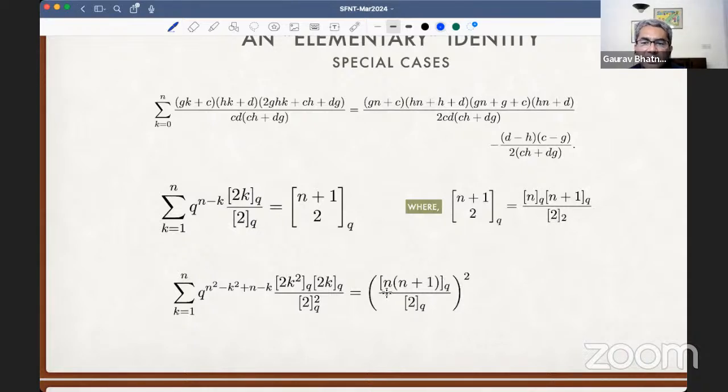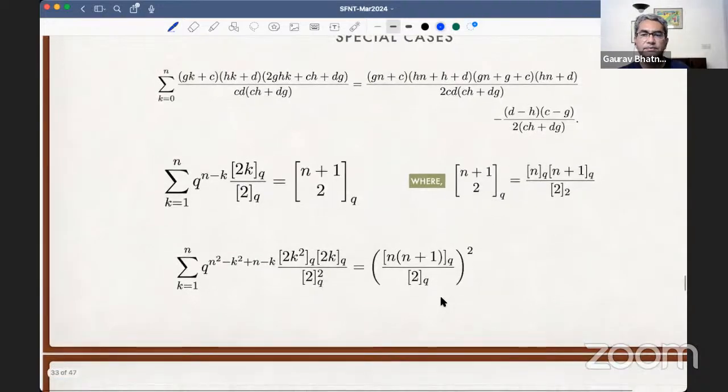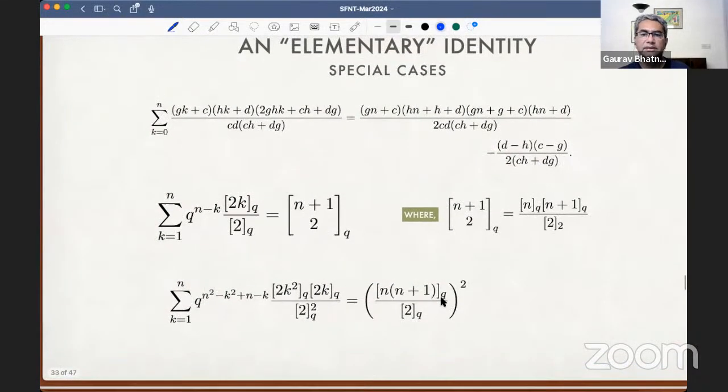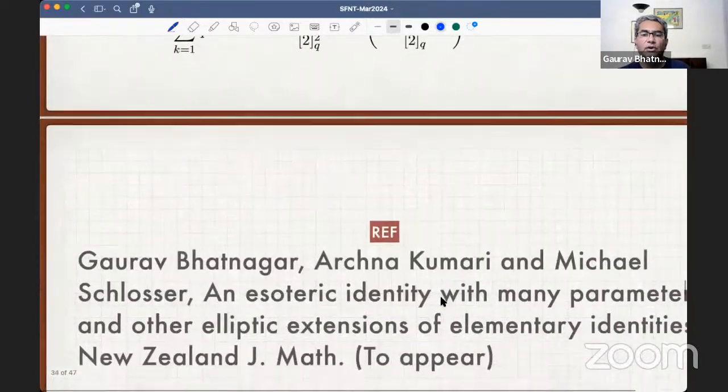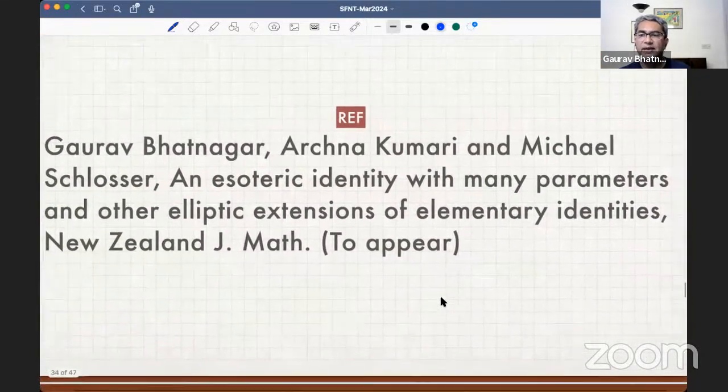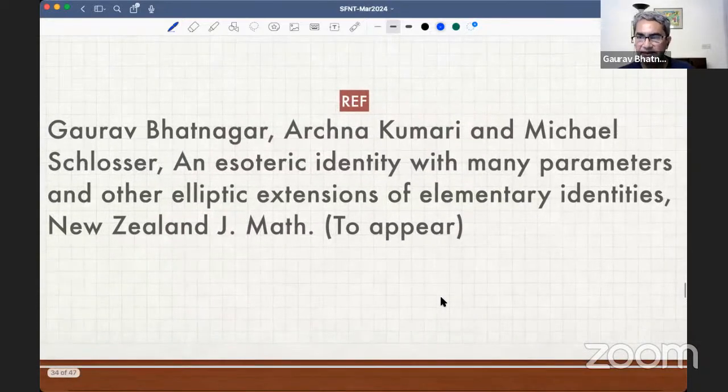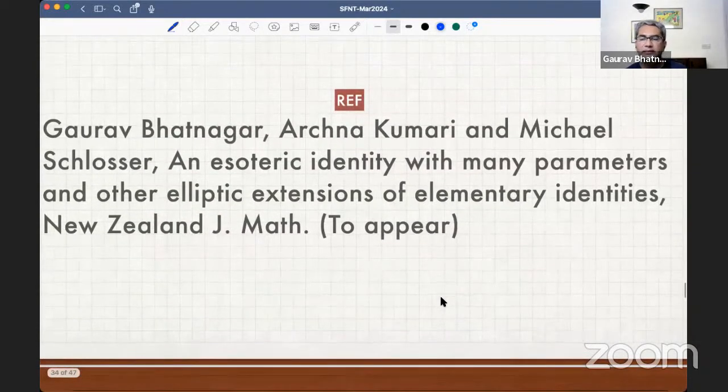This is slightly different, as you see, it's n into n plus 1 sub q, as a q number. So the q identities are also very strange, and again you can get lots and lots of such identities with just telescoping. We called this an esoteric identity with many parameters, and it's going to appear in the New Zealand Journal of Math.